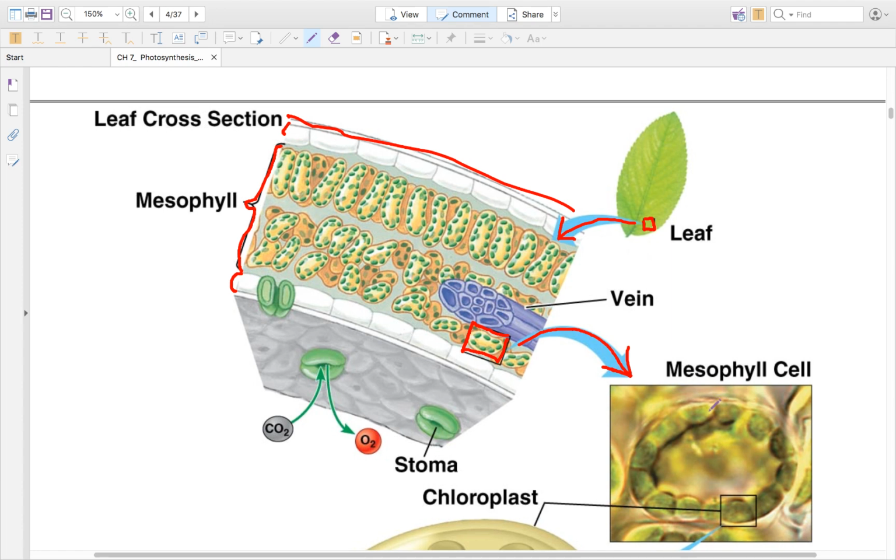But before we do that, I want to make an important point. See these pores right here? This is a little pore. It is called the stoma or stomata. And yes, you have to know this anatomy. And what is the purpose of this? This is for gas exchange. What type of gas?